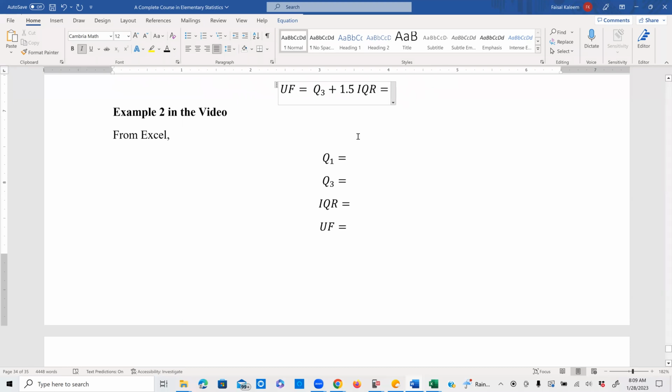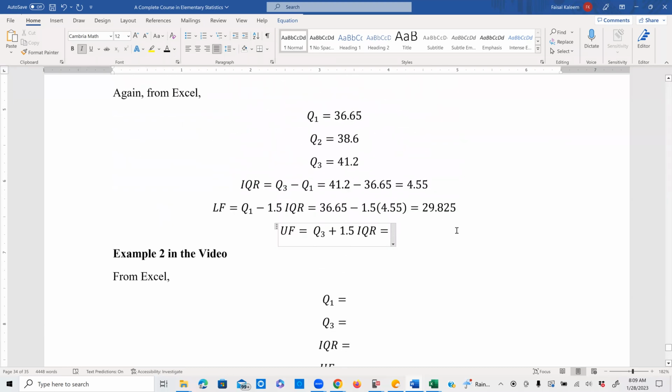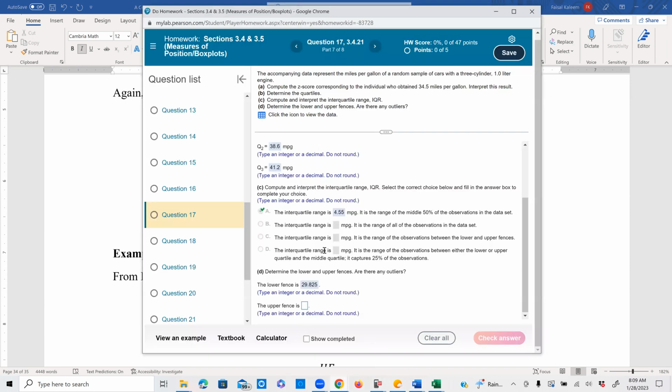And that will be equal to Q3, which was 41.2, plus 1.5 times 4.55, equals 48.025. Let's record it.